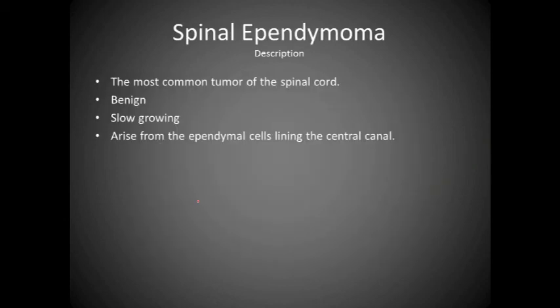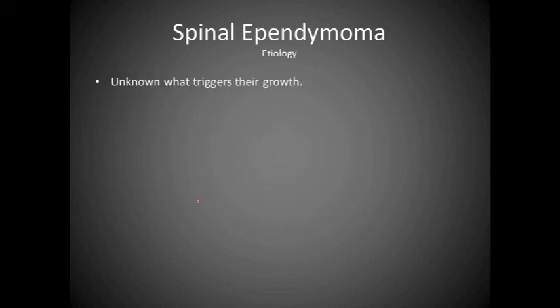So that brings us to a spinal ependymoma. This is the most common tumor of the spinal cord. It's benign, slow growing, and it arises from the ependymal cells lining the central canal. It's really unknown what triggers their growth, only that they do grow.